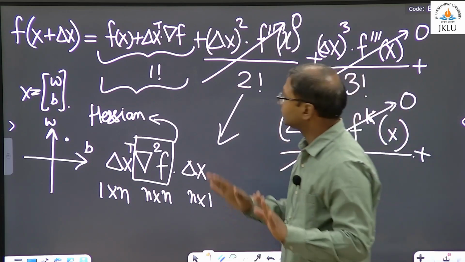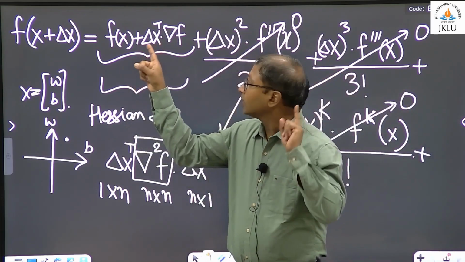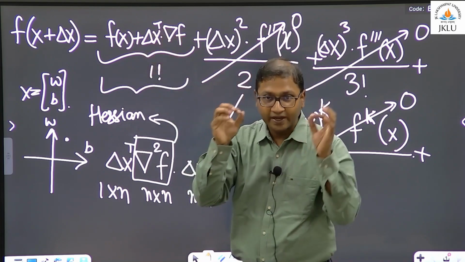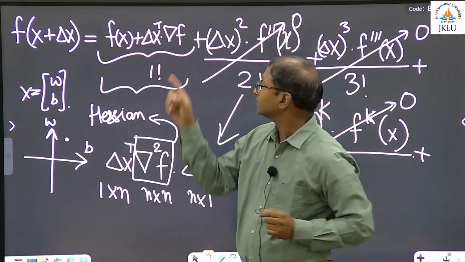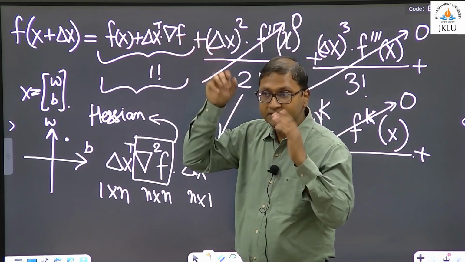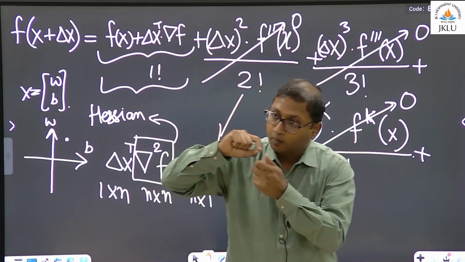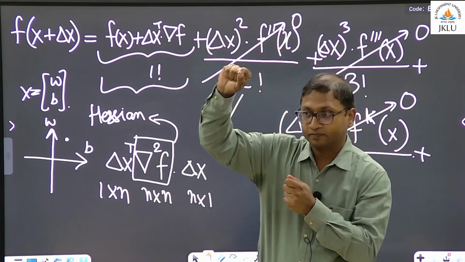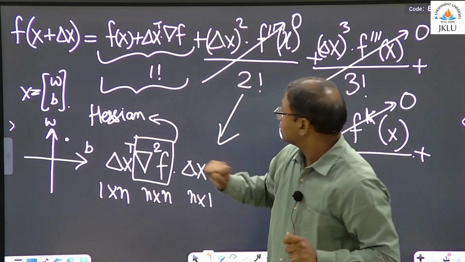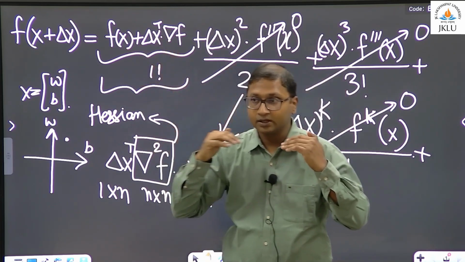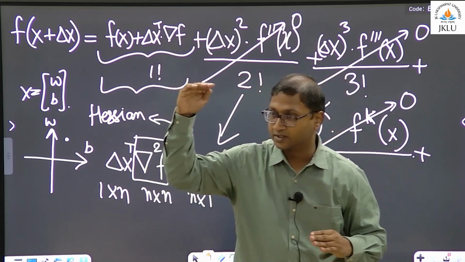Flush everything, start afresh. What is this thing giving me? If I make change delta x, then what does gradient give me? The direction in which maximum increase is there. So this is taking me in the maximum increase direction.